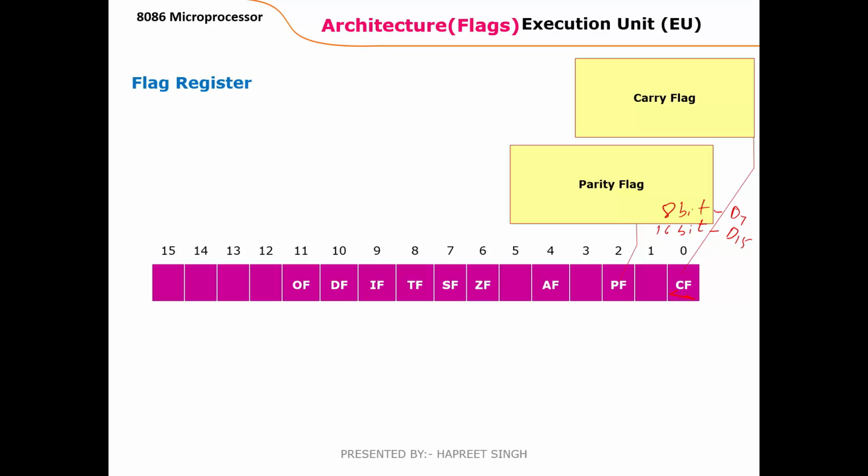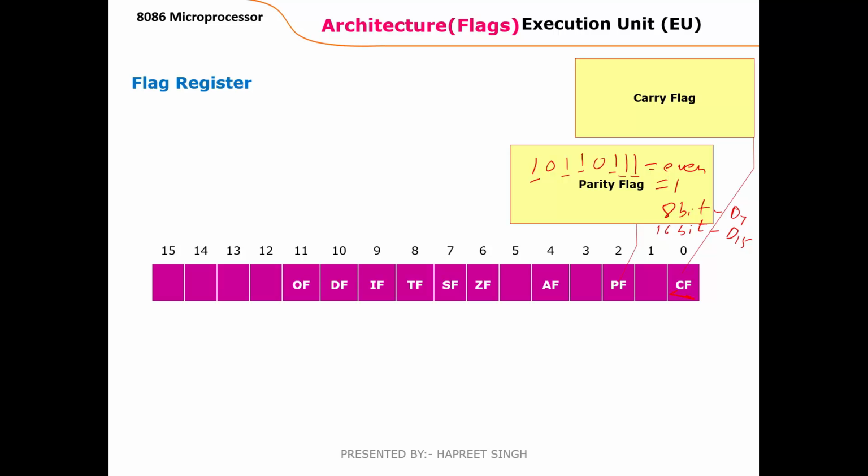For example, 1 0 1 1 0 1 1 1. Now in this, if we count the number of 1s: 1 2 3 4 5 6, so the number of ones is even, so here the parity flag will be set equal to 1. Why? Because it will reflect as even parity, so flag is equal to 1.